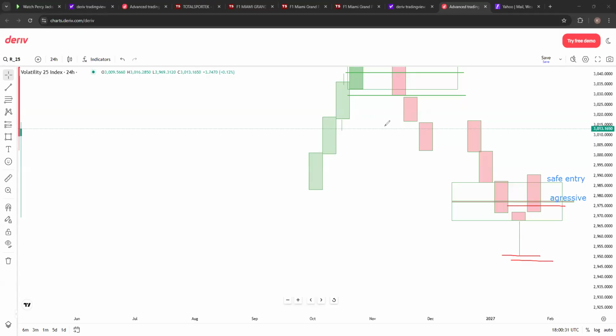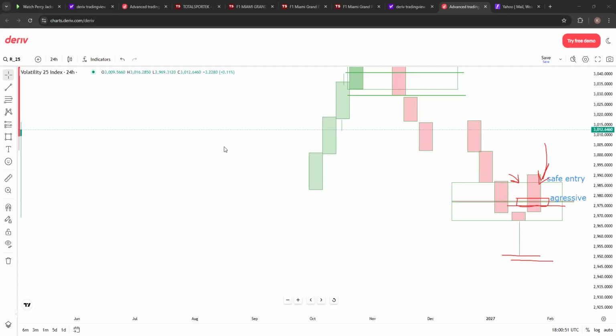There is a possibility. Actually, using our morning stars and evening stars, the only safest entry we can ever take is after we have a confirmation. Remember, when an aggressive entry takes place, it's just before the confirmation or before we close above the range.